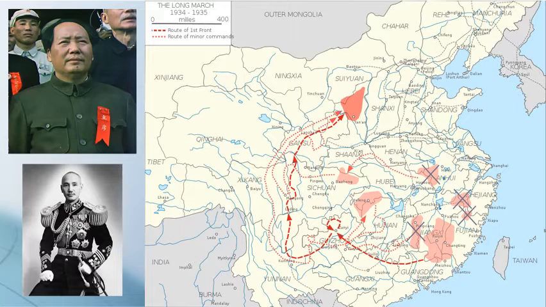So the communists had almost lost this civil war, and they began a long retreat that becomes known as the Long March, as different parts of their army escape KMT forces, and they converge, and escaped through the mountainous regions.